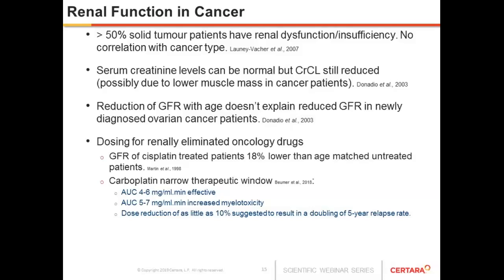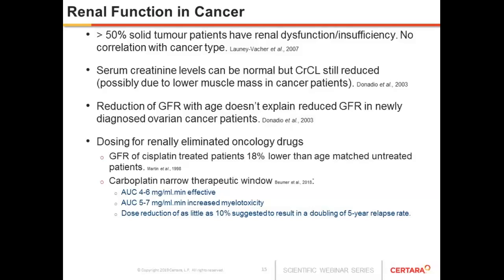So, for example, there's a publication looking at cisplatin, and the GFR of treated patients is generally lower than age-matched untreated patients. And there are also considerations for drugs which have narrow therapeutic windows.